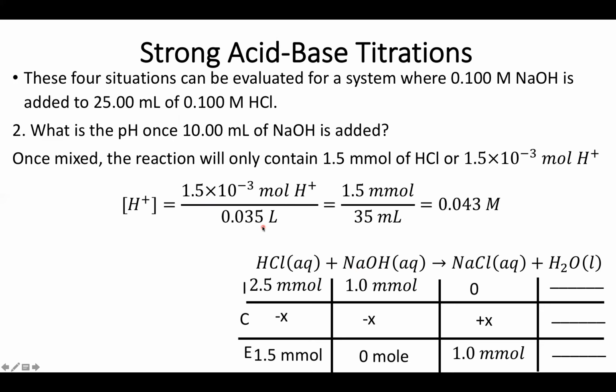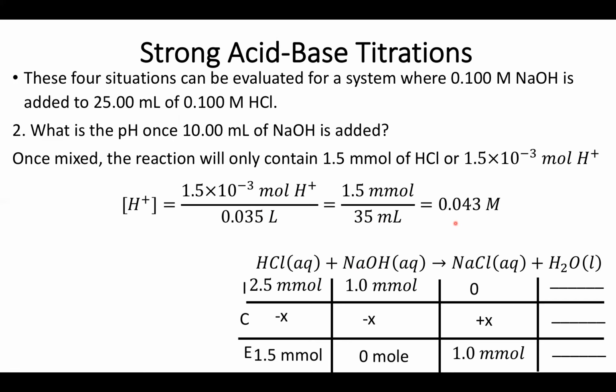Or I can make use of the fact that millimoles and milliliters are both multiplied by 10 to the third. So you can also get the molarity of a solution by dividing millimoles by milliliters. It will still give you units of moles per liter, as you have the cancellation of the millis. No matter which method you use, you'll find that the proton concentration will be about 0.043.